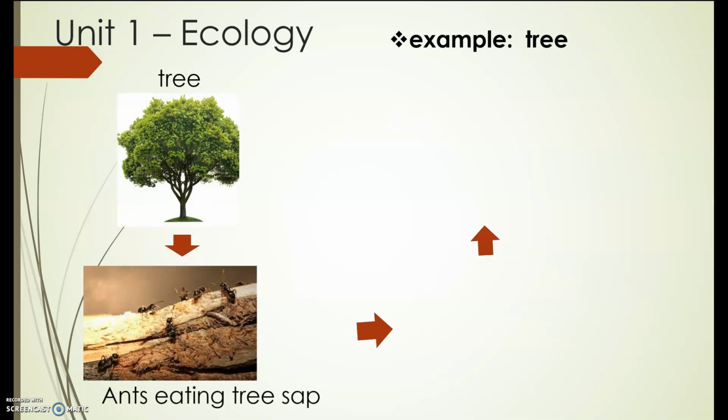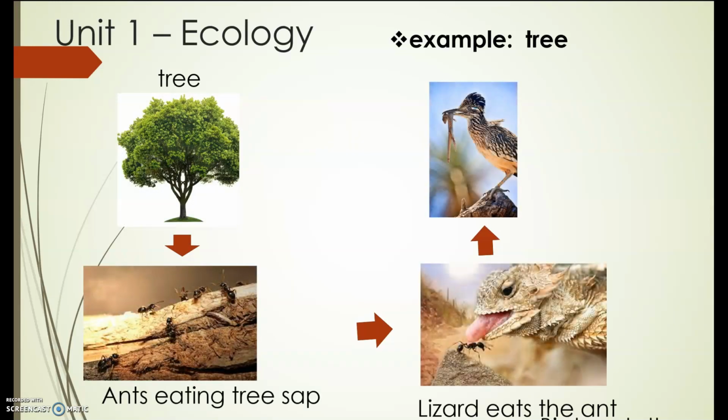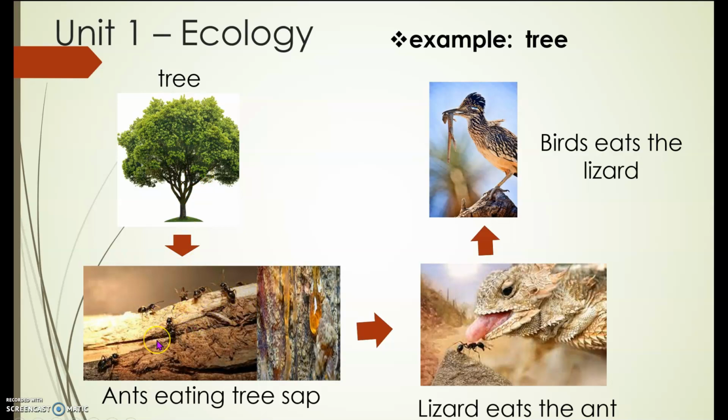A tree. So a tree is also an ecosystem because it has organisms or living things that may live in the same environment and that depend on each other by food. Let's try to explain this one. So this tree may have these ants who are feeding from the tree sap.